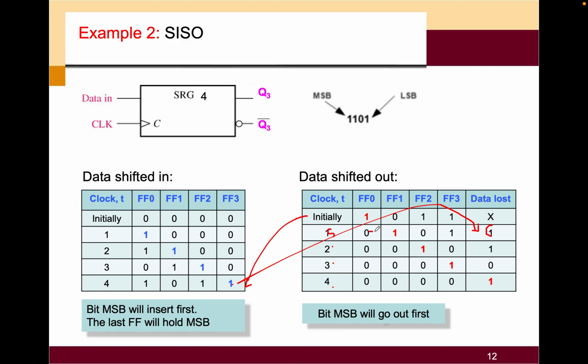And then the rest will be shifted. So another one, this will be out. And it remains this one. These two will remain. And then it shifts to the right. And another one, clock number 7, it will shift again. The 0 will come out, and 1 will be here. And lastly, 1 will be out, and the rest will be 0, 0, 0.